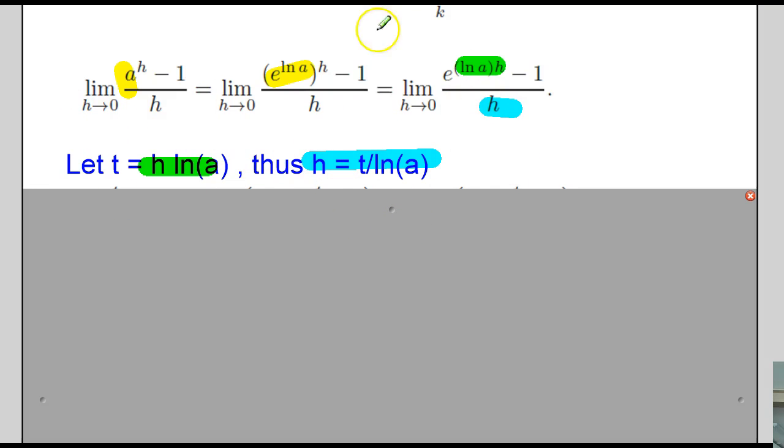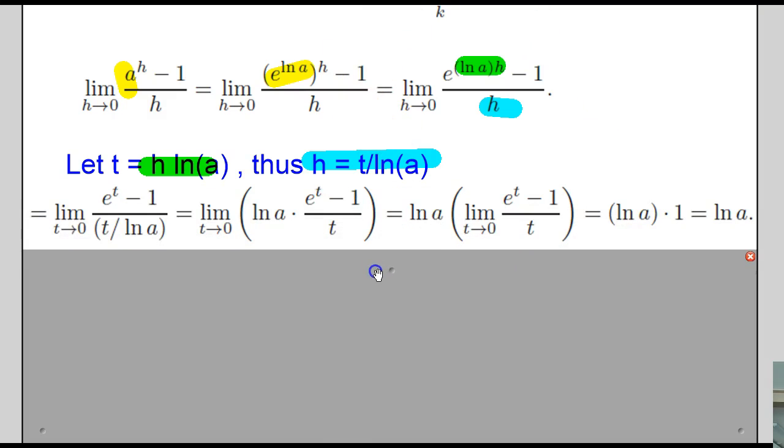So I'm going to rewrite this part based off t, and we get (e^t - 1)/(t/ln a). Doing some algebraic simplification, this becomes ln a, which we can pull out because it's not dependent on t, and we're left with ln a times (e^t - 1)/t.